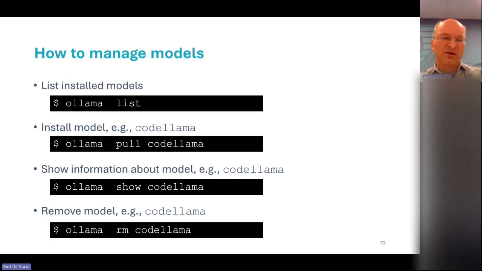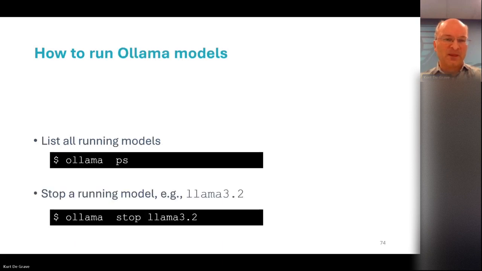That's relevant because models, of course, are large. Even smallish models are gigabytes large. So you certainly don't want to keep them if you're not using them. You can have a list of all active models, and you can stop running a specific model.